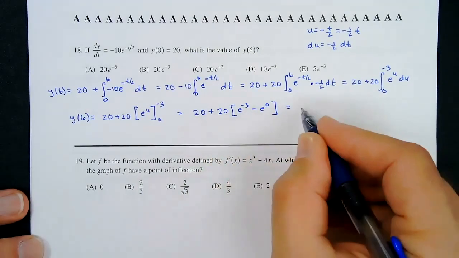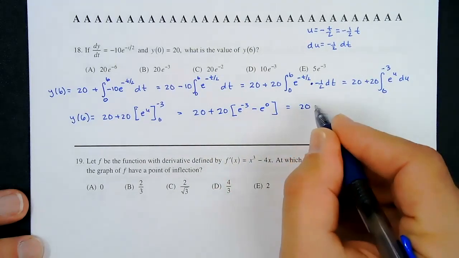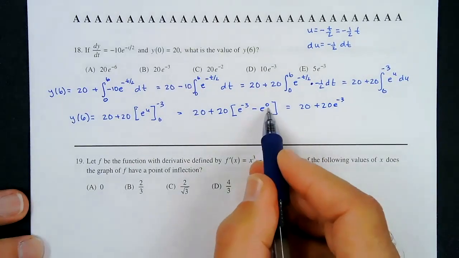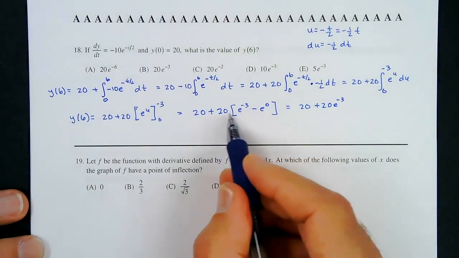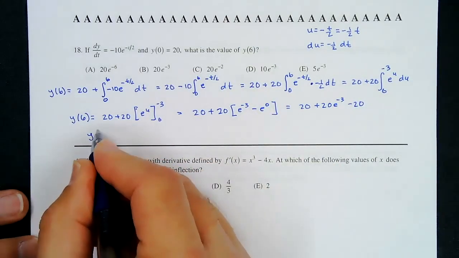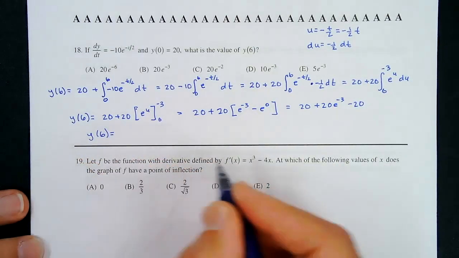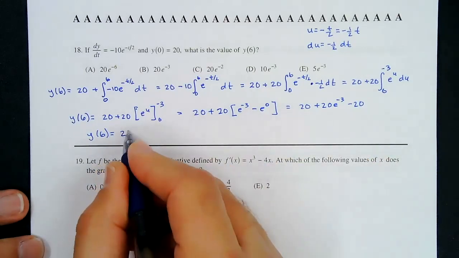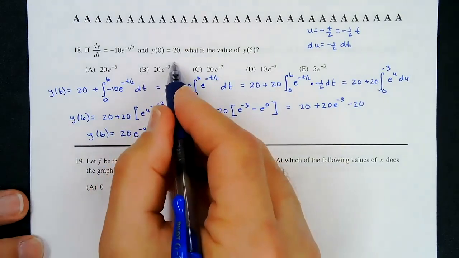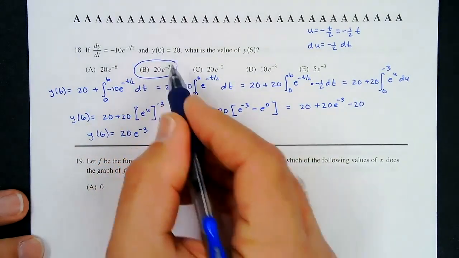So distributing the 20, that would be 20 plus 20 e to the negative 3. E to the 0 is 1, so this is 20 times negative 1, or negative 20. So that means y of 6 is equal to 20 e to the negative 3 power. And so the correct answer is B.